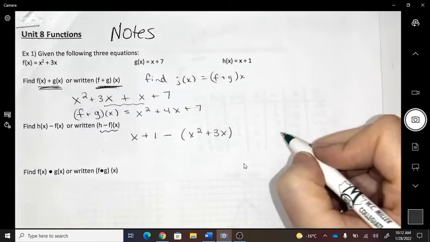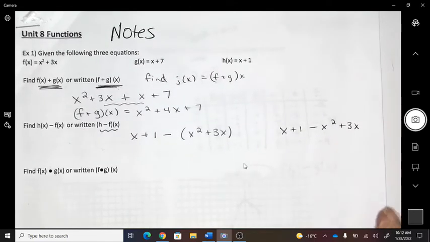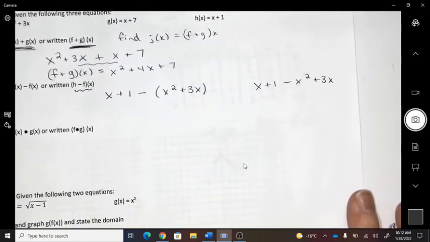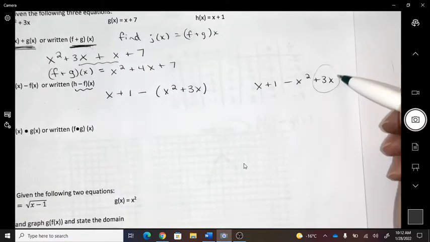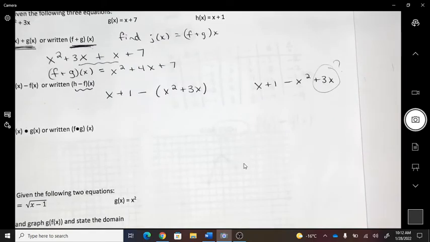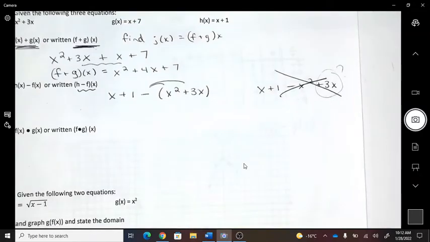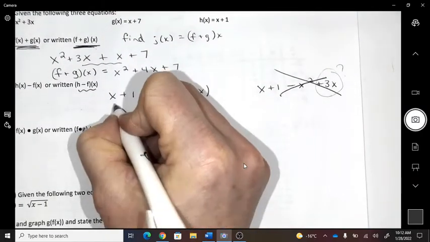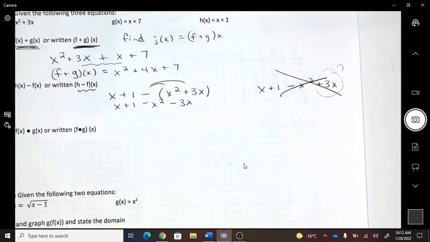Because if somebody wrote this, if somebody wrote it like that, which would be a common thing to do, you understand how that's creating a mistake on that term? Right? Okay, so if I have to subtract that whole function, then it looks like that, because the subtraction has to go on everything.